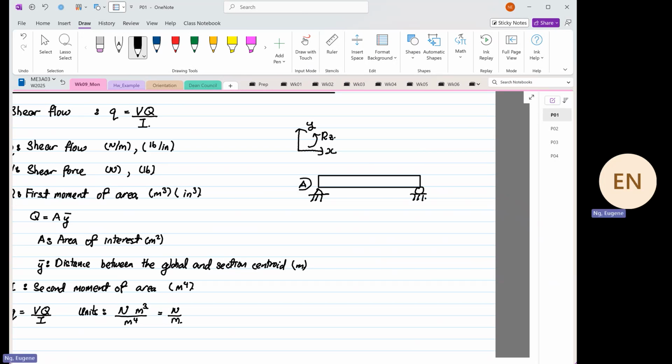At point A, and then we have point B, and then we have a load applied down here, P, and this is our point C.